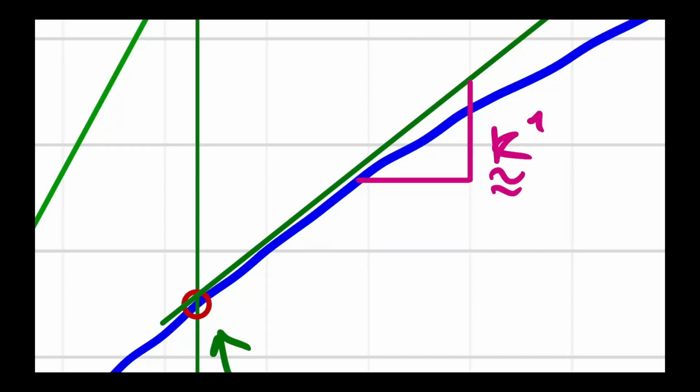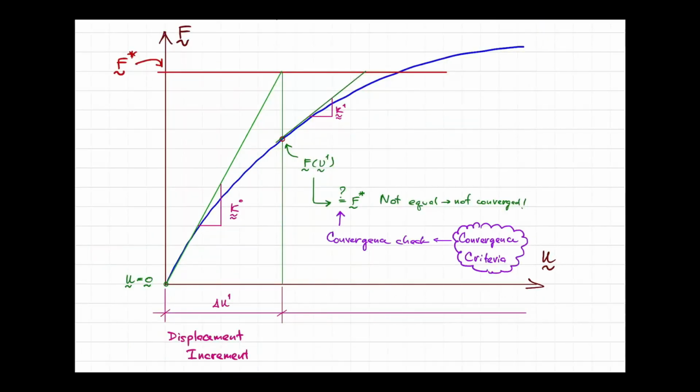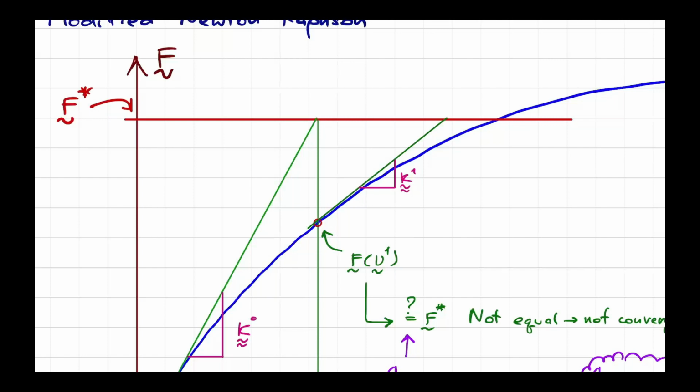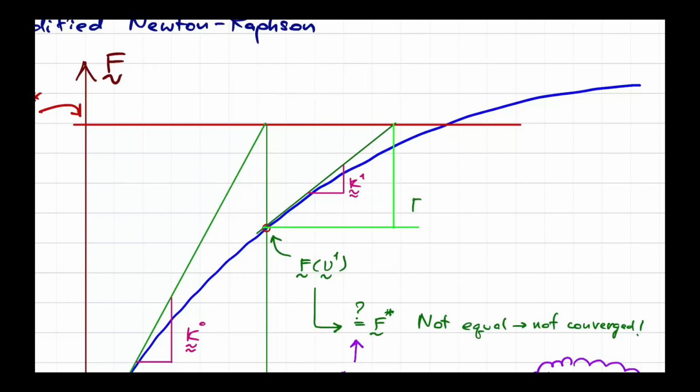We come to the second step. So you solve the second step using this one, which is the residual equal to the F star still minus F evaluated at U1.